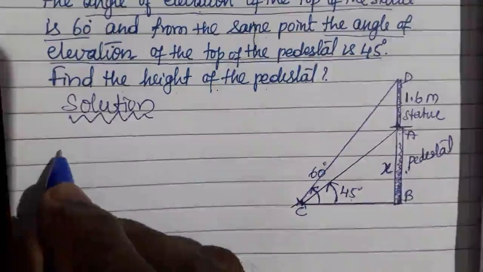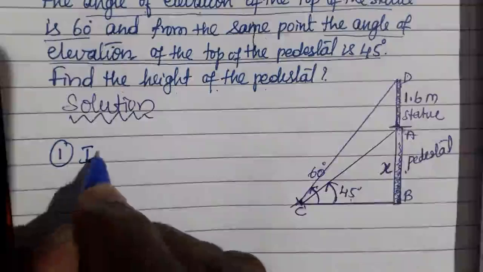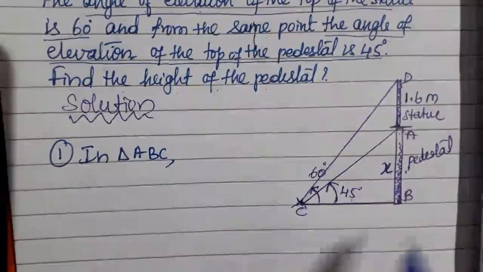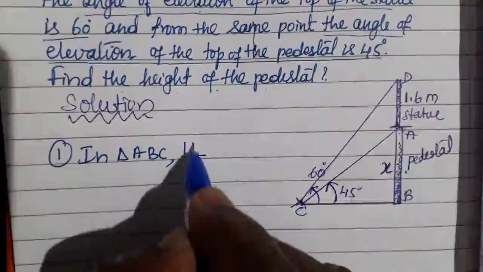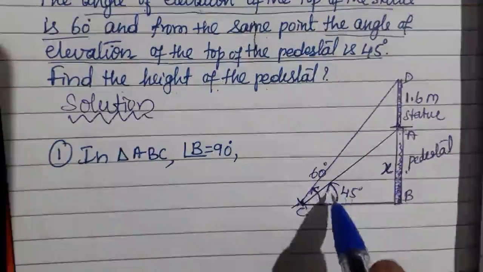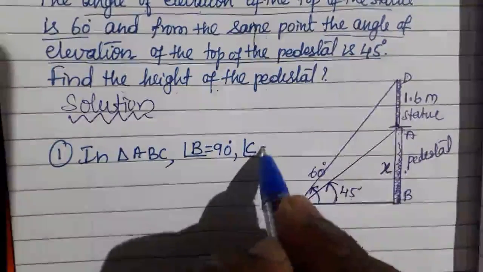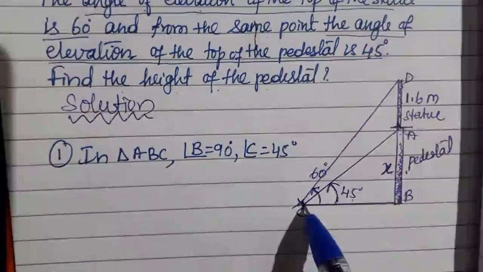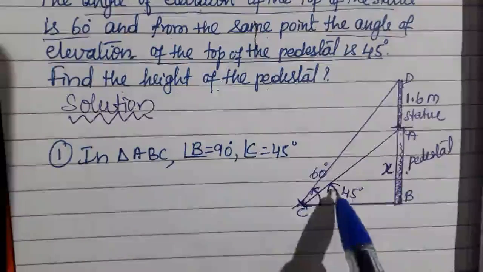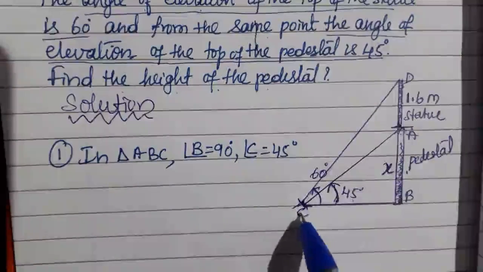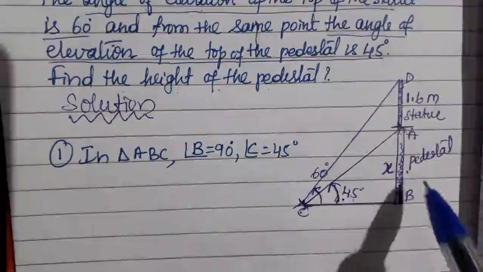You can notice in triangle ABC, angle B is 90 degree. Angle C is 45 degree.